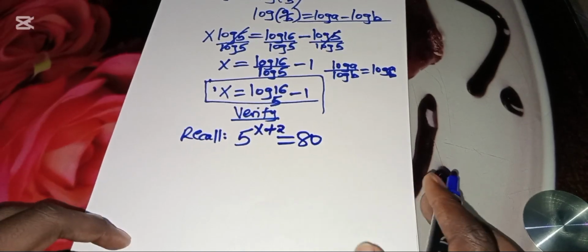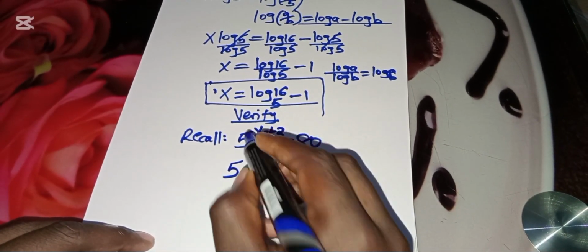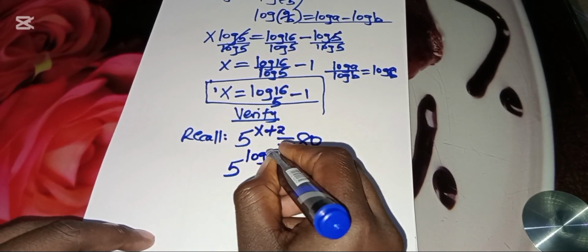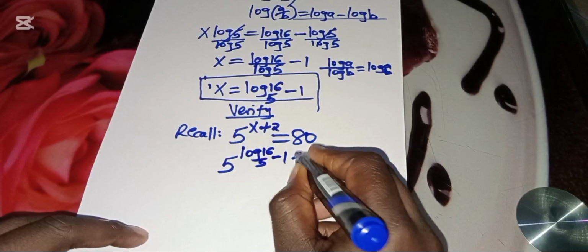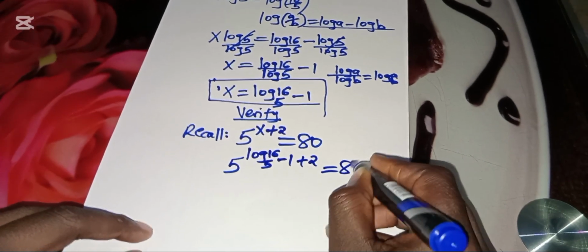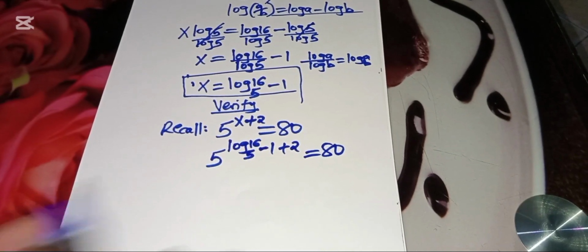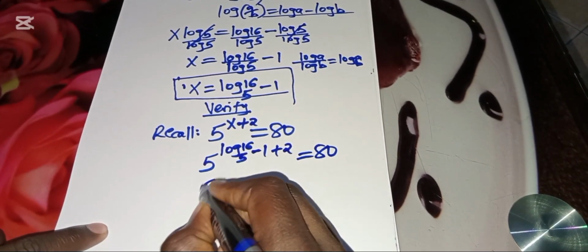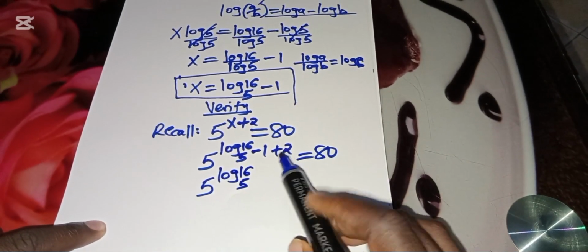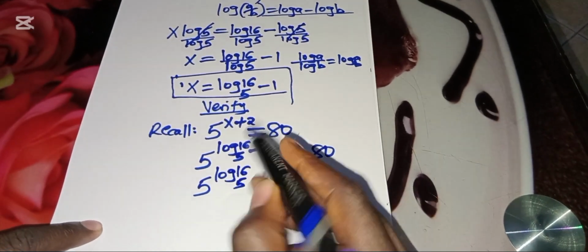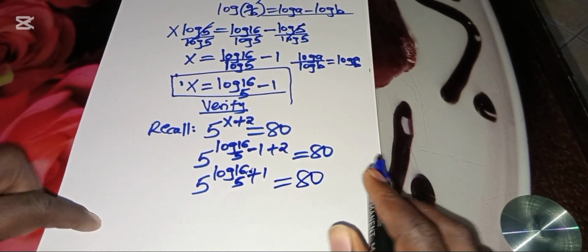Okay, so we substitute the value of x back into our equation, so that we're going to have 5 raised to power log 16 to base 5 subtract 1 plus 2. It's supposed to give us a value of 80. Now this is negative 1 plus 2, this is plus 1, supposed to give us a value of 80.